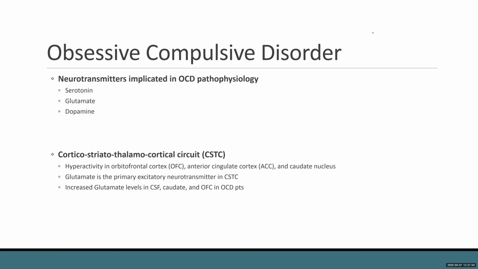But we know that hyperactivity in the orbitofrontal cortex, that area again, that's like something's wrong. It's overactive in OCD. And the caudate nucleus, which is a part of the striatum that we had talked about, is also overactive. The main neurotransmitter in this circuit, and the main neurotransmitter in the entire brain, right, is glutamate.